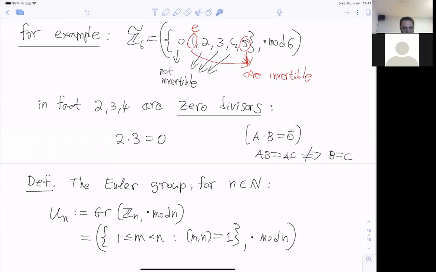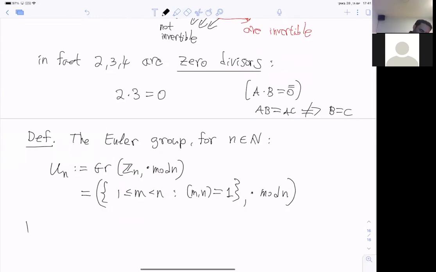For example, here, 1 and 5 are the only numbers that are coprime to 6. Why is it true? Why do we have this identification?